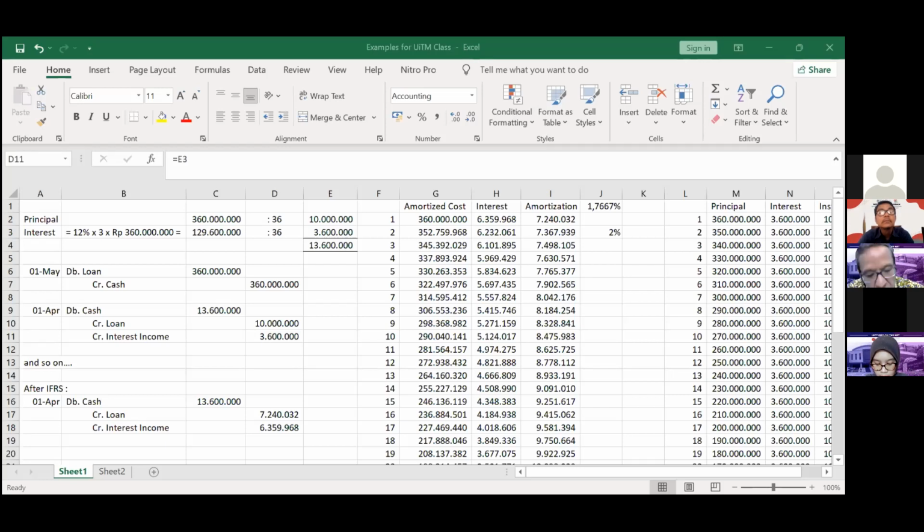Why? Because the purpose of hedging is actually to remove the risk, right? That means the hedging transaction is actually to make the gain or loss become zero, right? Because of that, the accounting treatment should also describe it like that.